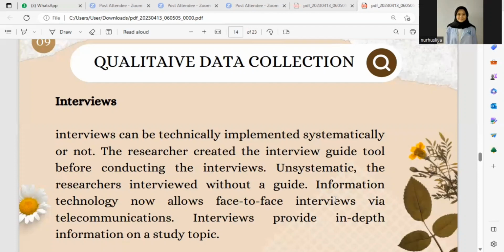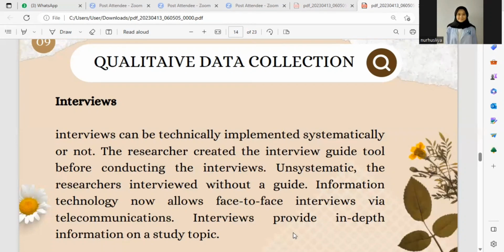With or without an interview guide, the interviewer and respondent exchange questions and share research data together. These interviews are generally done singly or in groups to get useful information.